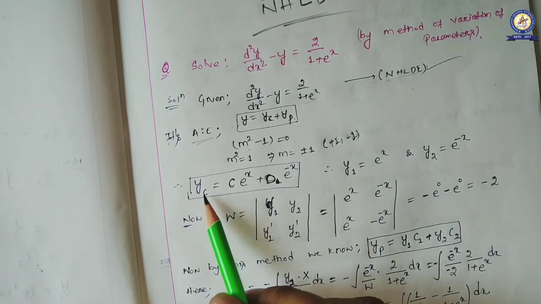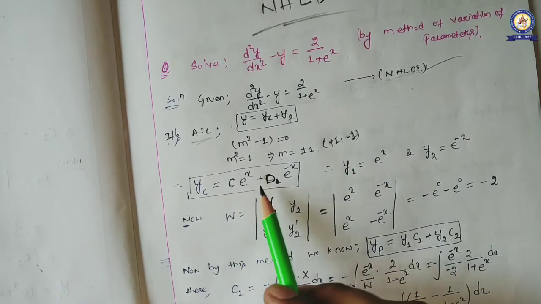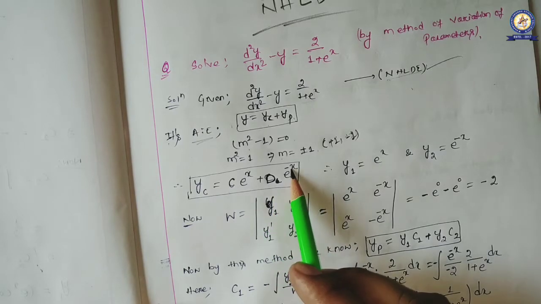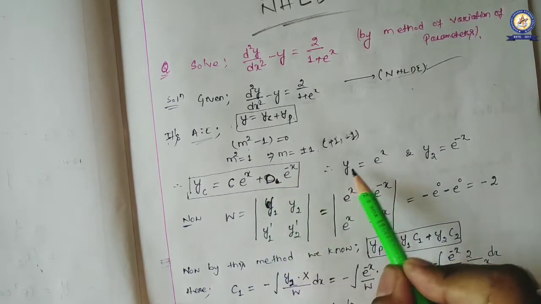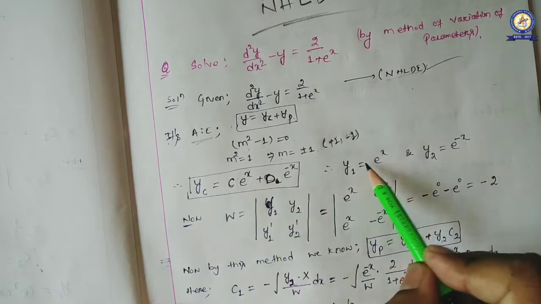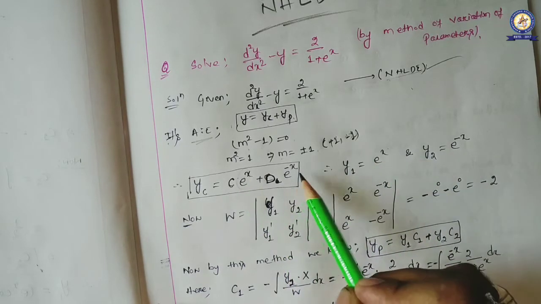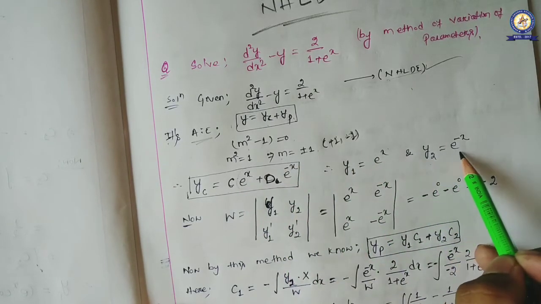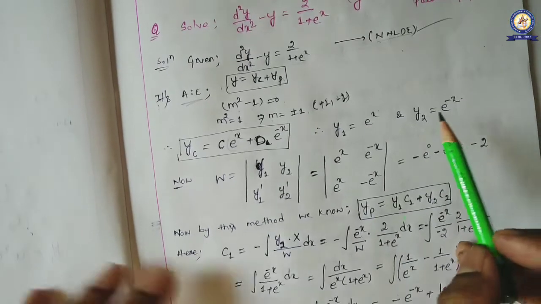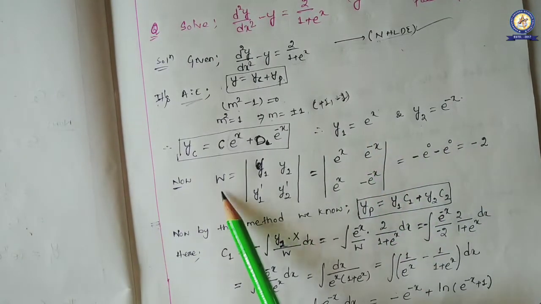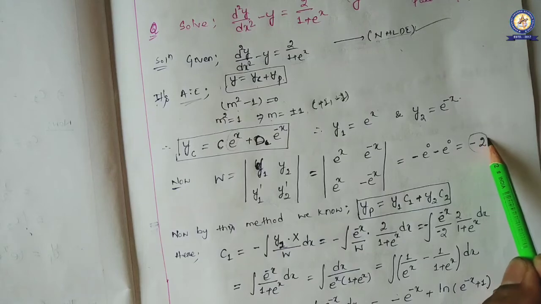So the complementary function will be c e to the x plus d e to the minus x, and from this we find y1 is e to the x, and y2 is e to the minus x. By considering y1 and y2, the Wronskian will be equal to minus 2.